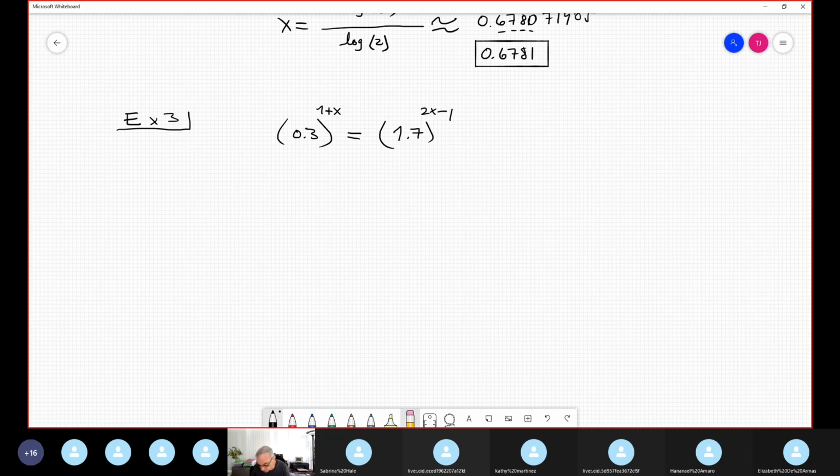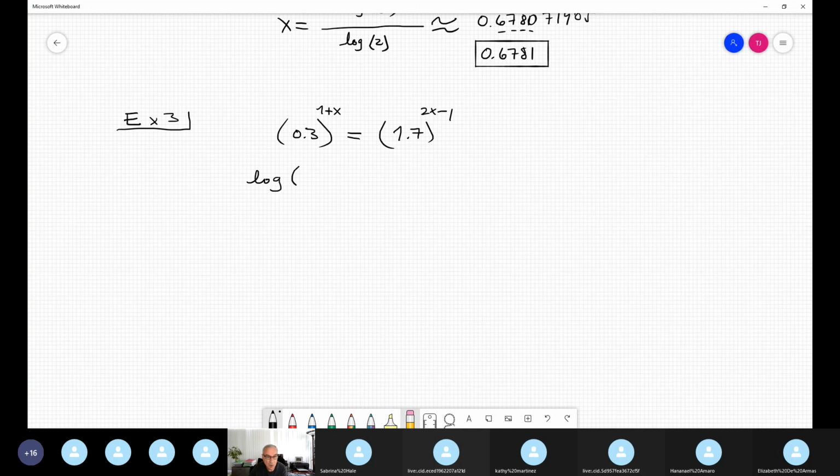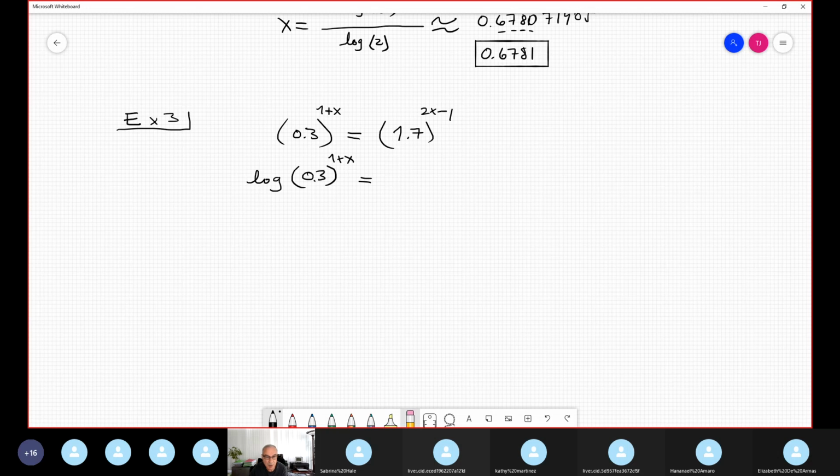You solve the linear equation, and finally we finish with the calculator to compute the approximate answer. Okay, let's do it. Logarithm of both sides. Log of 0.3 raised to the 1 plus x is equal to log of 1.7 raised to the 2x minus 1.